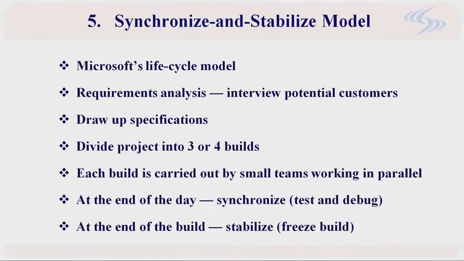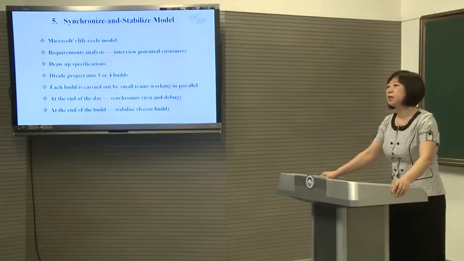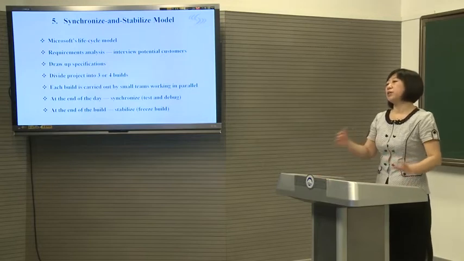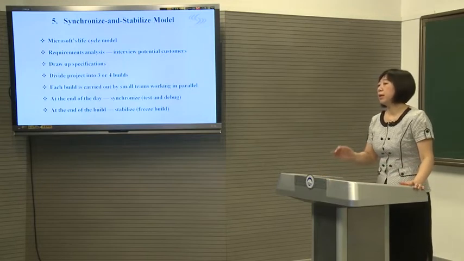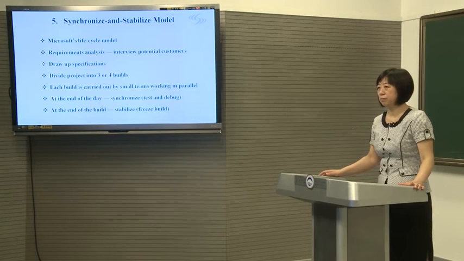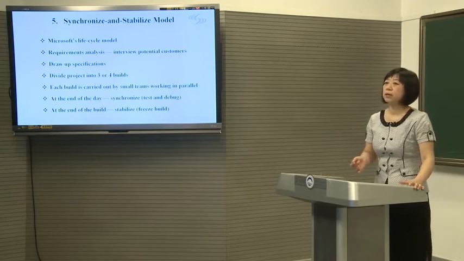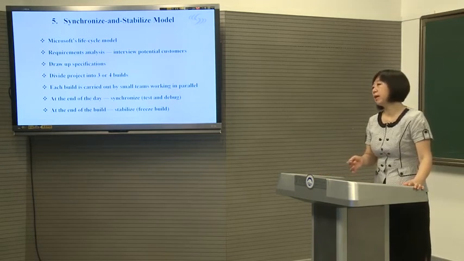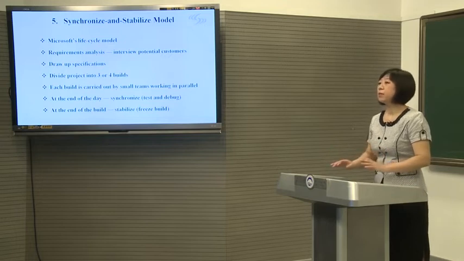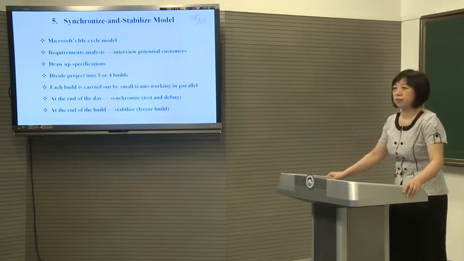Next, the synchronize and stabilize model. This model is really something unique to Microsoft. And we know that Microsoft only delivers software products. That means they don't have a certain customer, but they have quite a few potential customers. So during their requirements phase and analysis phase, developers will interview potential customers.